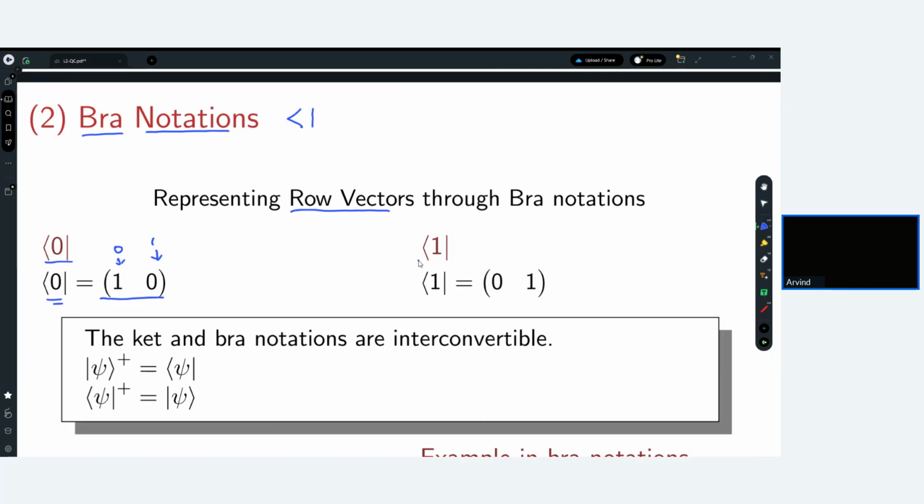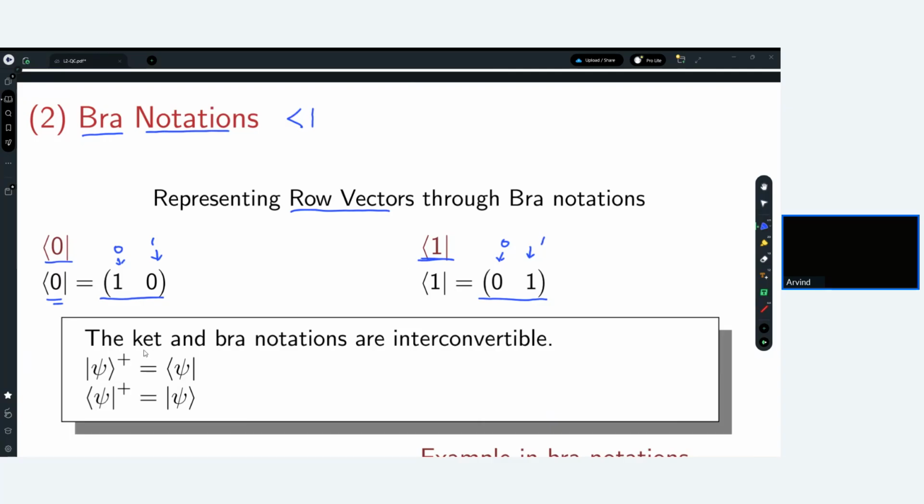Similarly, a bra 1 consists of a row vector having 1 at the first position and 0 at the zeroth position.